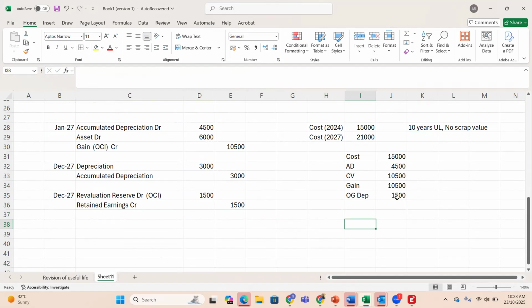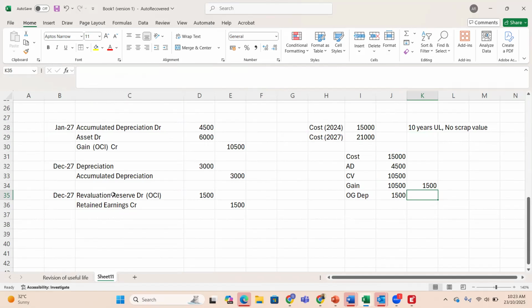It is all a gimmick. If you see, the gain is 10,500. How much is the useful life remaining for the asset? So systematically over the life of the asset, we are transferring that revaluation reserve to retained earnings. Okay.